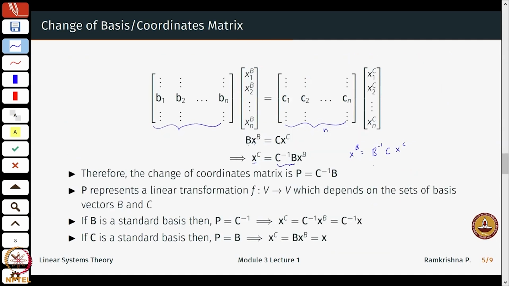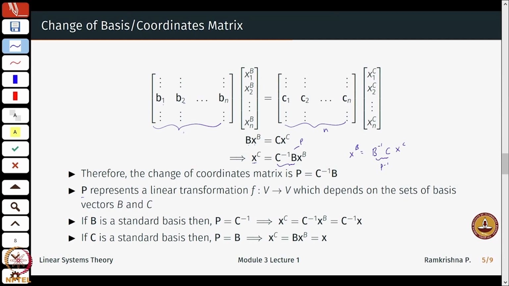That is simply this one. Let me call this P, and this would simply be P inverse, and we know these are invertible matrices because of the n independent columns. So what is this P? P represents a linear transformation f from V to V, which depends on the set of basis vectors B and C.